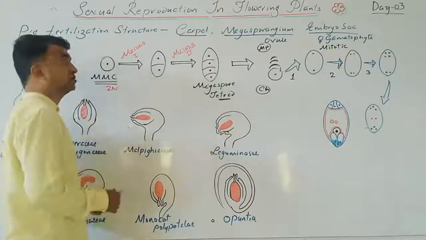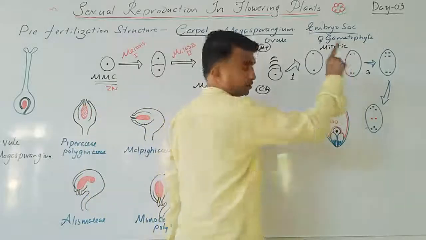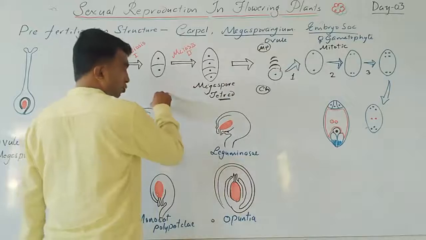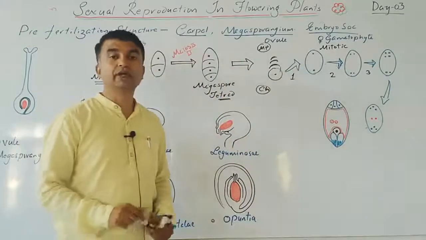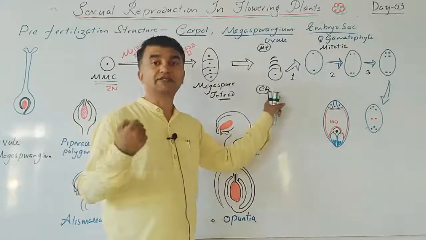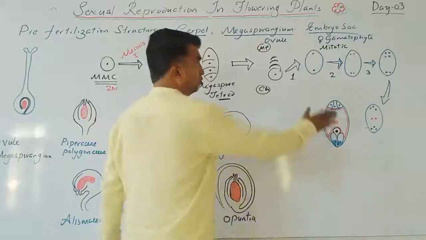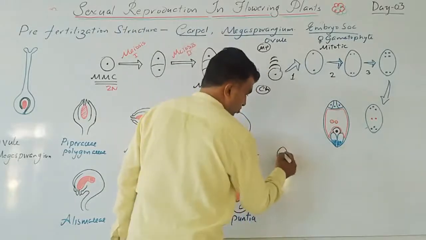If it is bisporic, one meiosis and only two mitoses take place. If it is a tetrasporic embryo sac, one meiosis and only one mitosis take place. So based on how many megaspores are involved, the number of mitoses is decided. Remember this simple figure. This is monosporic.